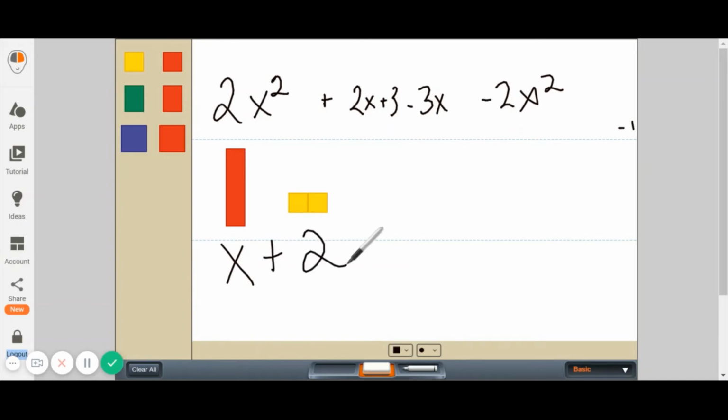Now, we will continue with this method using the blocks to help us simplify the expressions. Then we will build on to making drawings to help us represent the situation. And then we would finally move to just the abstract.